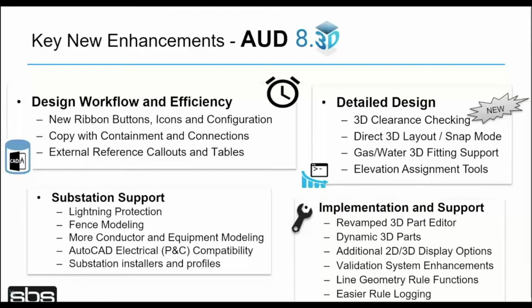Finally, we have a set of support for substation design, including a completely new function for lightning protection. Similar to the clearance checking, it's a completely new capability, as well as a corresponding set of modeling.